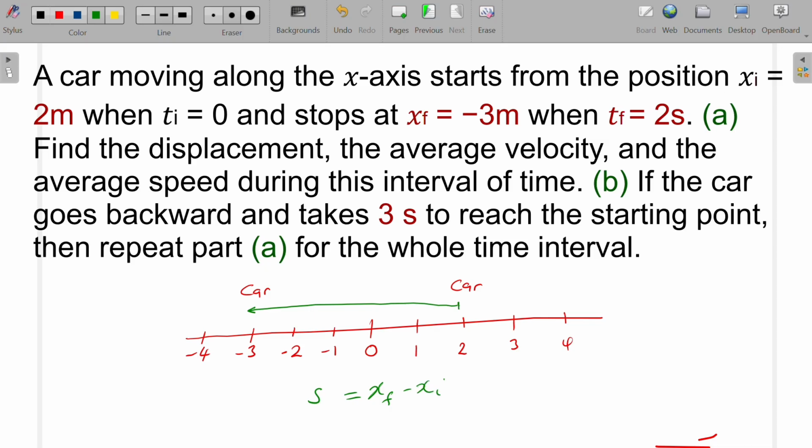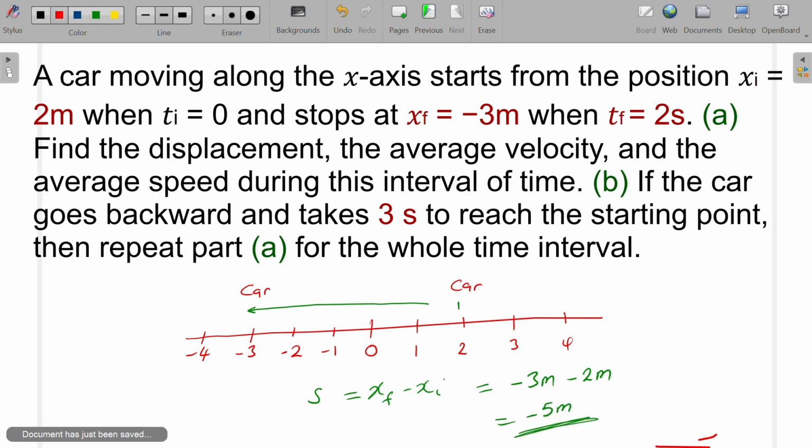Replacing with what we have there, the final position is -3 meters, and this must be subtracted by the initial position, which is 2 meters. So when we subtract, we get -5. So the displacement for this car is -5 meters. That's the answer for the first part.